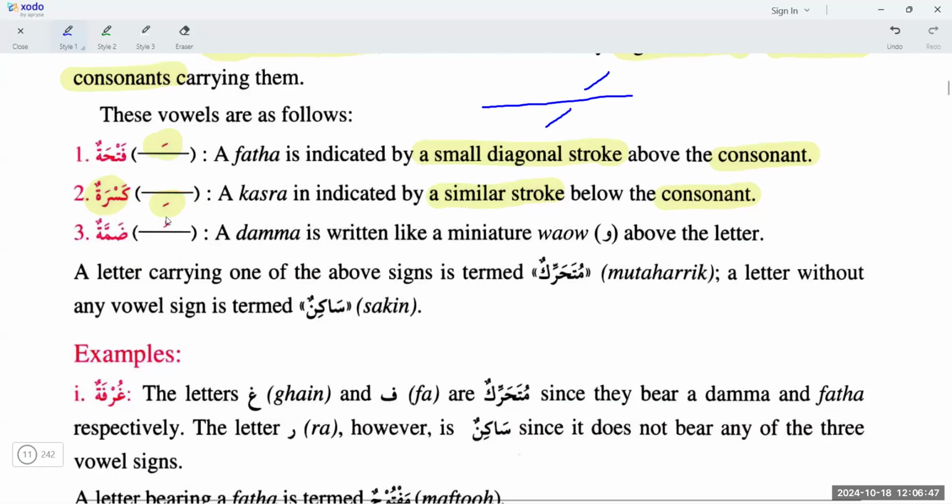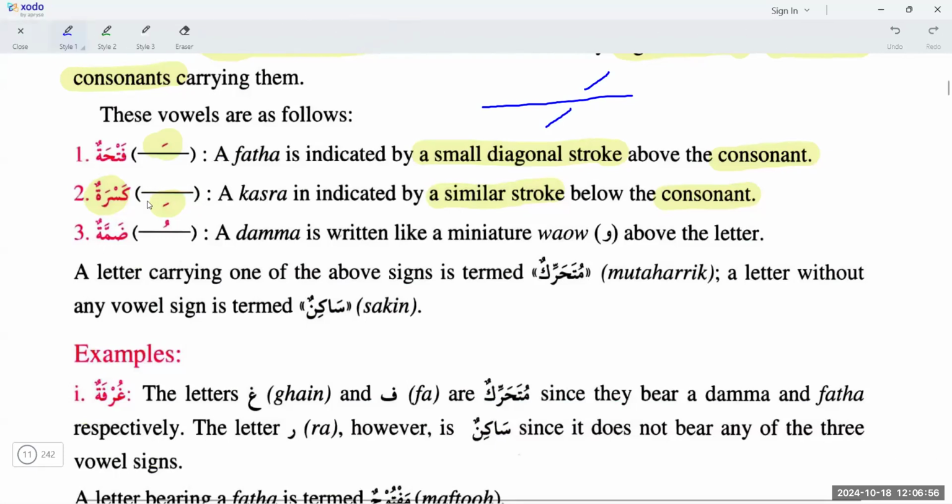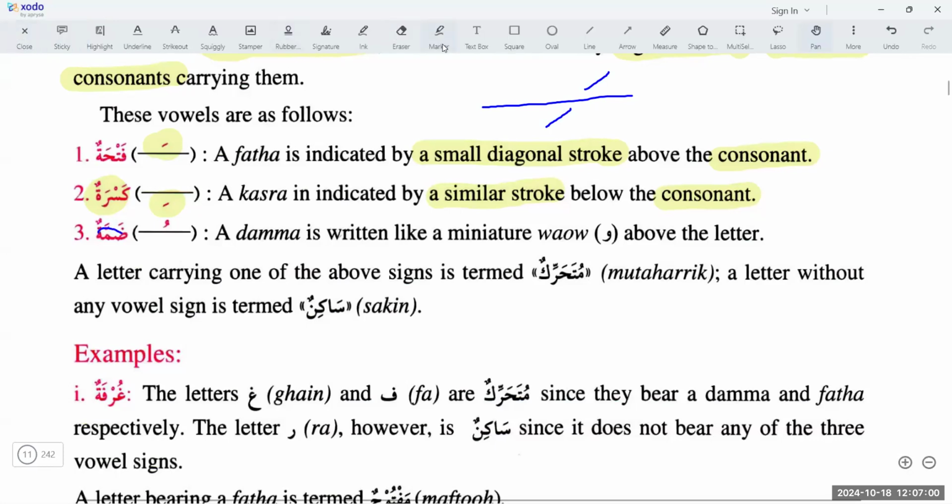And the third vowel is dhamma. We call it dhammatun. A dhamma is written like a miniature wow. We write it like a wow, and we write it above the letters.